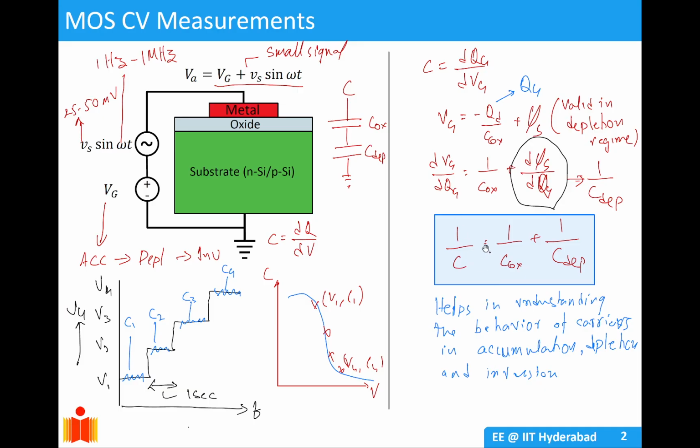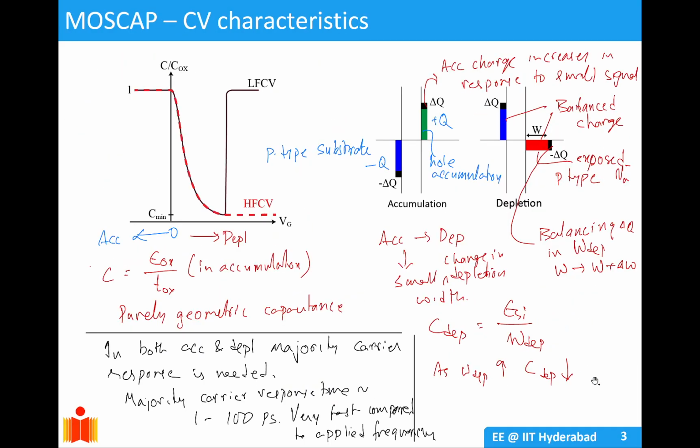So this should be the formula, and you can also get it from your equations, and this is how it will look in your CV curves also, and it helps in understanding the behavior of carriers in accumulation, depletion, and inversion regimes.